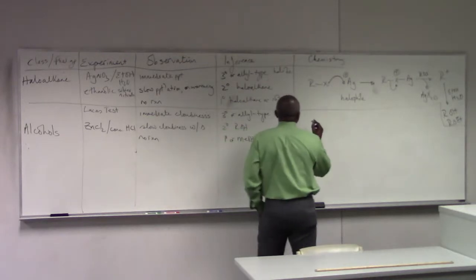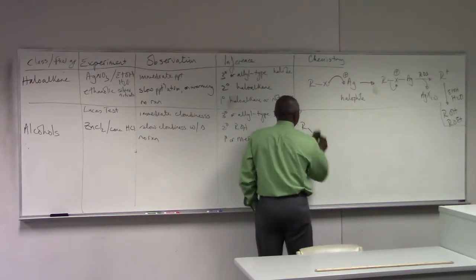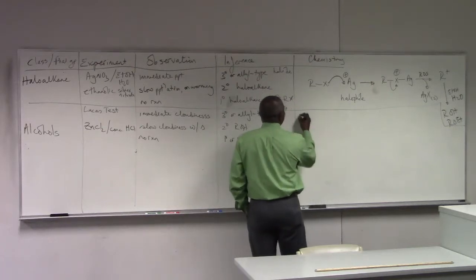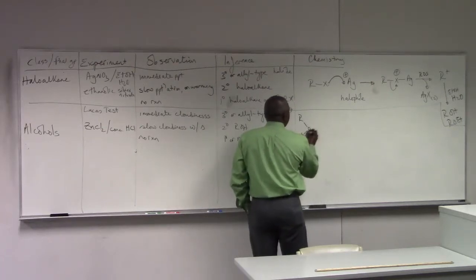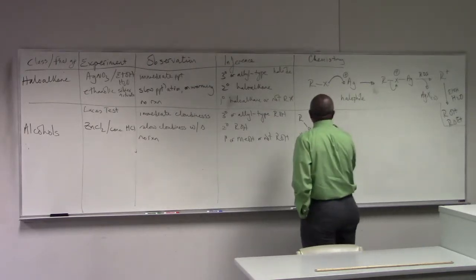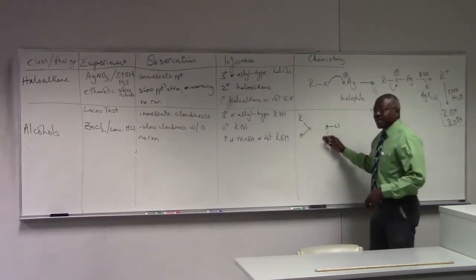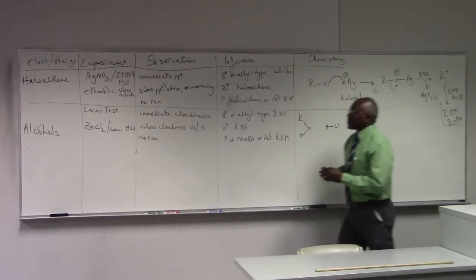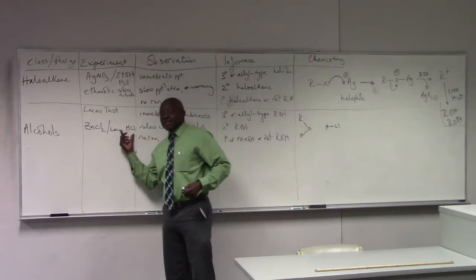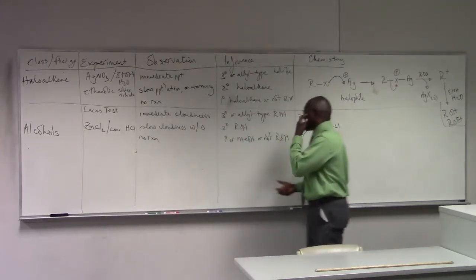What's happening here? The alcohol, by virtue of the lone pair of electrons, reacts with the acid. Let's call it HCl. Now, it could be the HCl or it could be the zinc chloride. The HCl is the protic acid, the zinc chloride is the Lewis acid, and I can have the alcohol attack the zinc chloride as well.